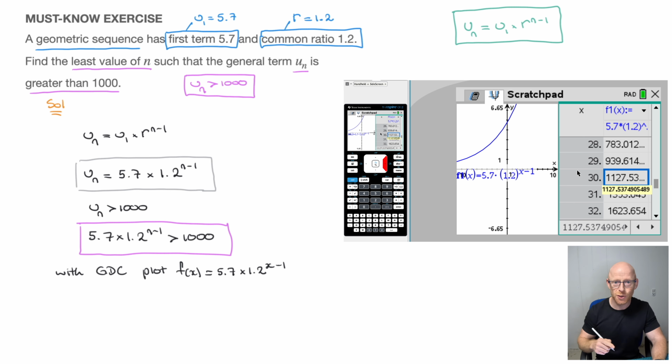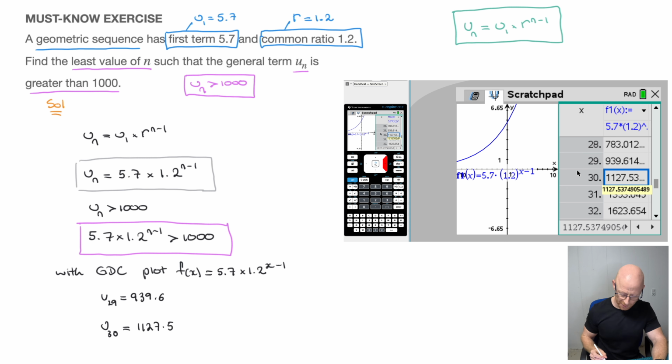And so writing those two values on our exam paper, we could go ahead and state that the 29th term, u sub 29, there we go, is equal to 939.6, and the 30th term, u sub 30, is equal to 1127.5.